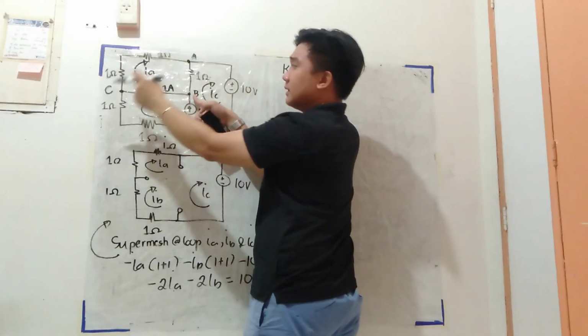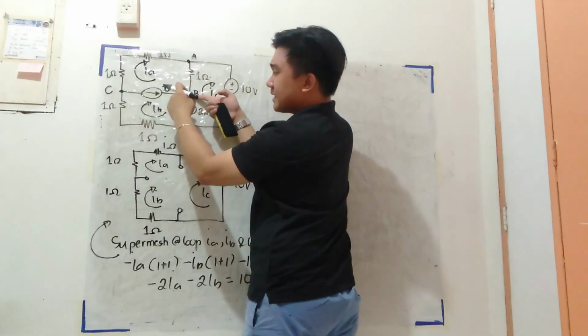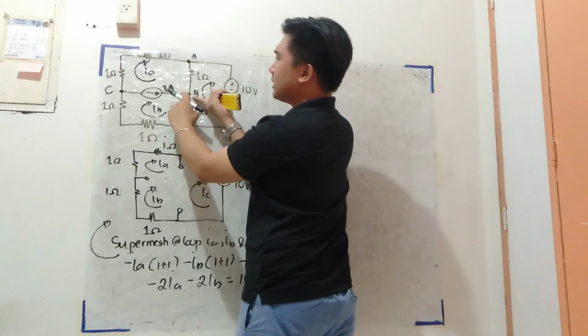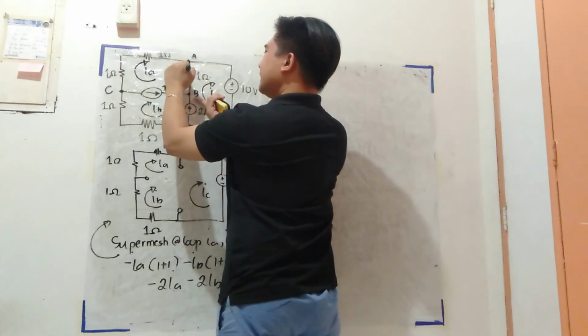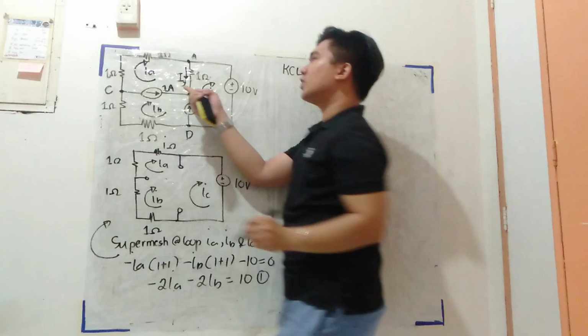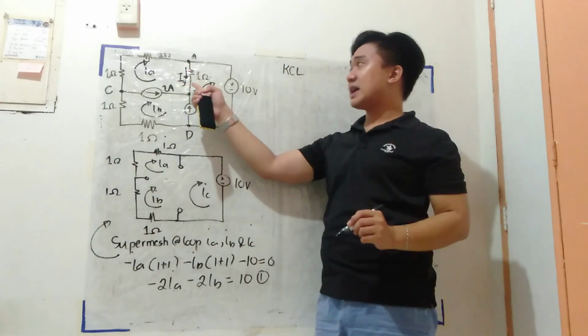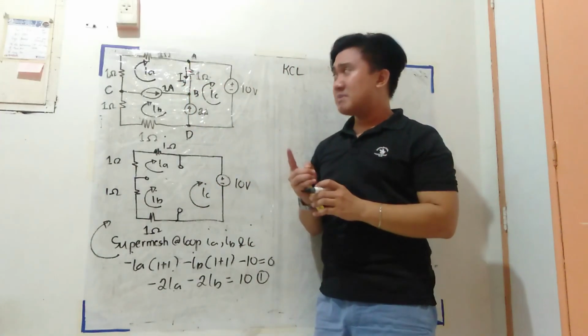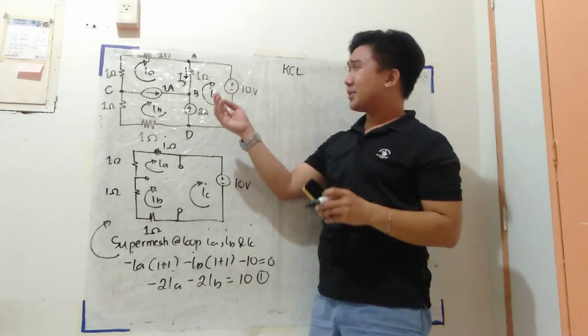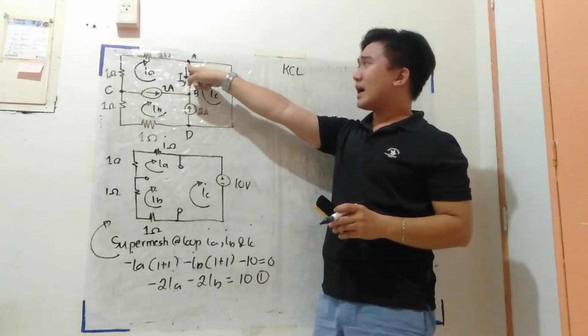Okay? Pumapasok si 1 ampere tsaka si 2 ampere. Kaya lang, yung current dito, let's say IY, hindi ko alam kung ano yan. Kasi branch current yan. Ang kailangan ko, mesh current. So, kukuha pa ako ng equation ni IY dito kay IA.